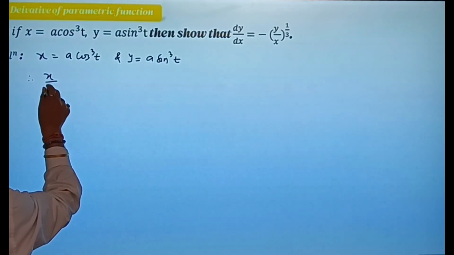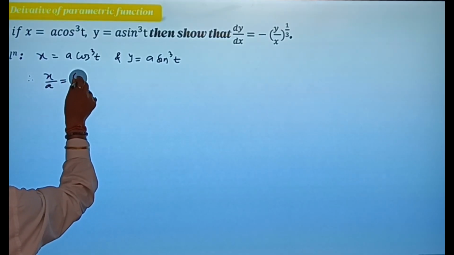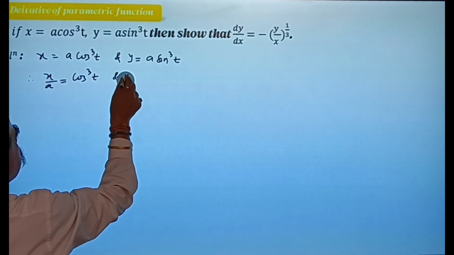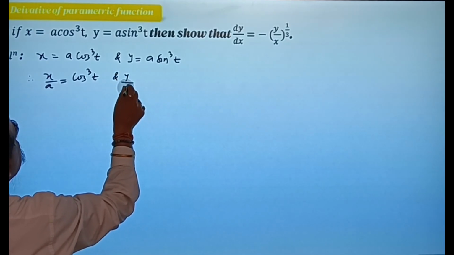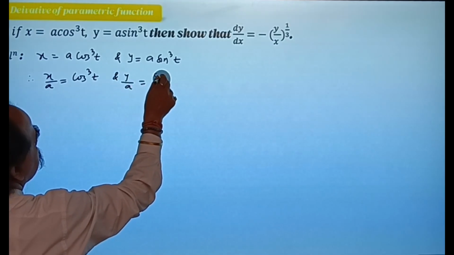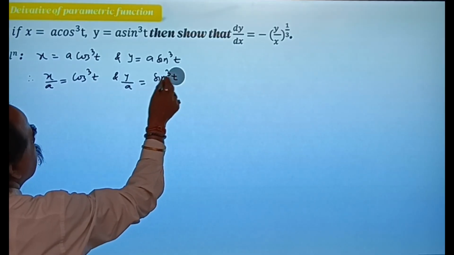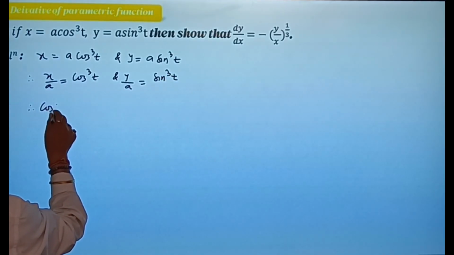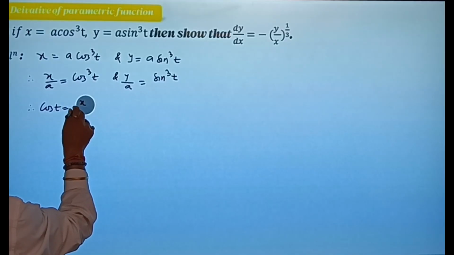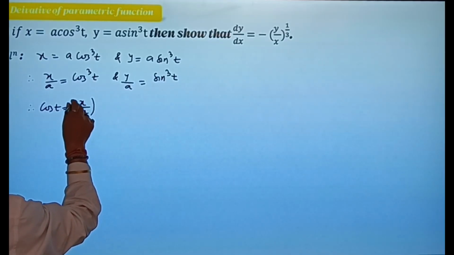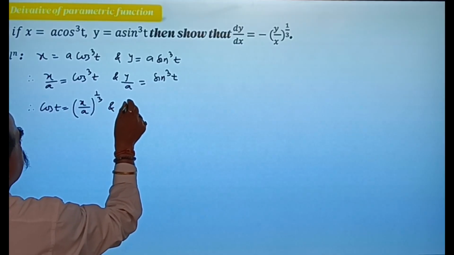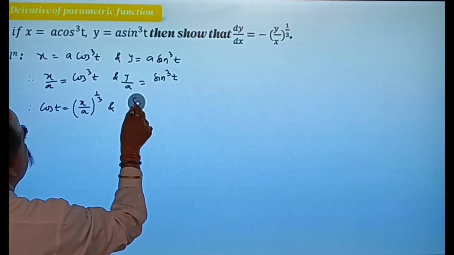So x upon a is cos cube t and y upon a is sin cube t. So cos t is x upon a raised to 1 by 3 and sin t is y upon a raised to 1 by 3.